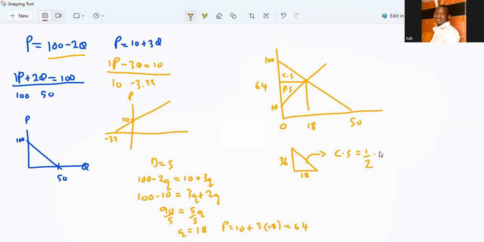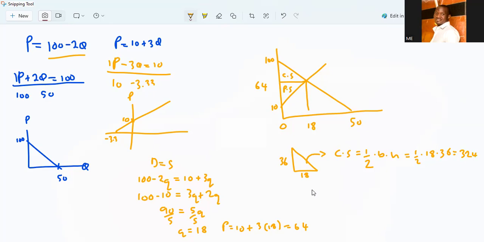The base is 18, the height is 36. Are you following? When I put a dot there, it means I'm simply multiplying. So don't get confused. So that is how we find 324.